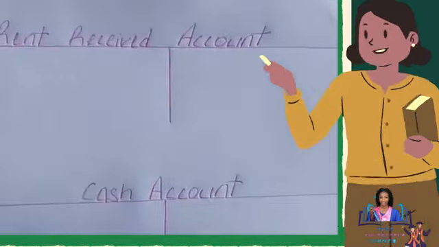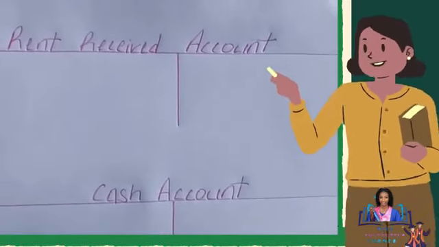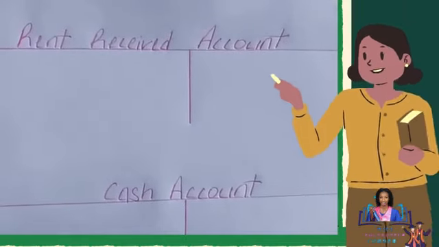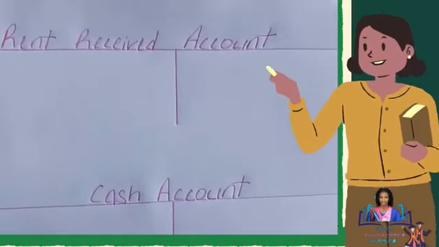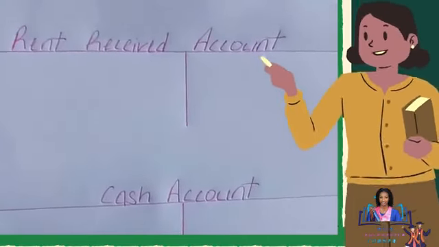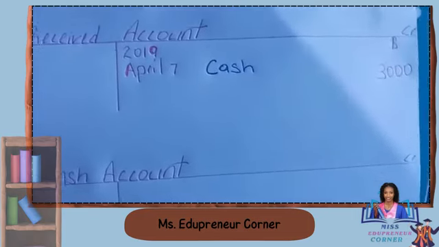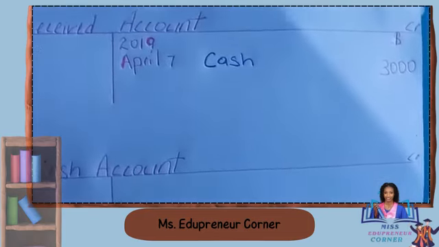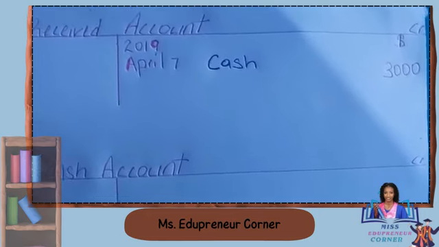Remember, we put the date first. Then in the details section, we put the name of the other account in the transaction that is either increasing or decreasing. And then we put the amount. So there we have it. The rent received account is credited with cash to show that cash was received in the business for rent.